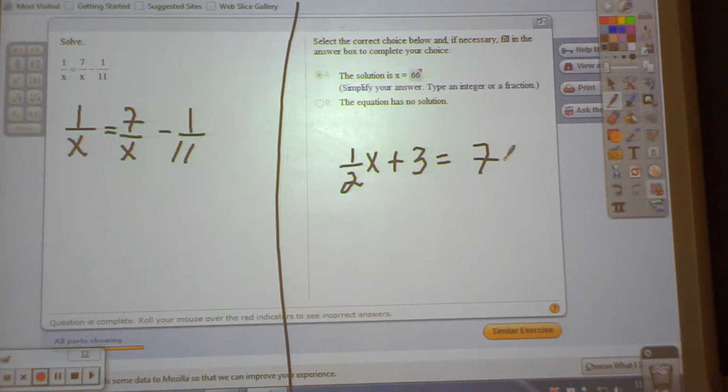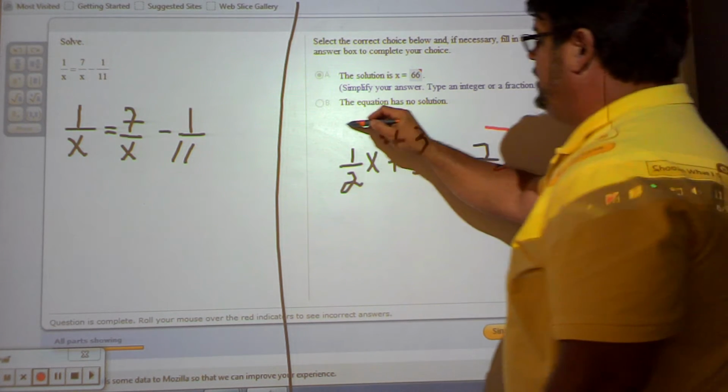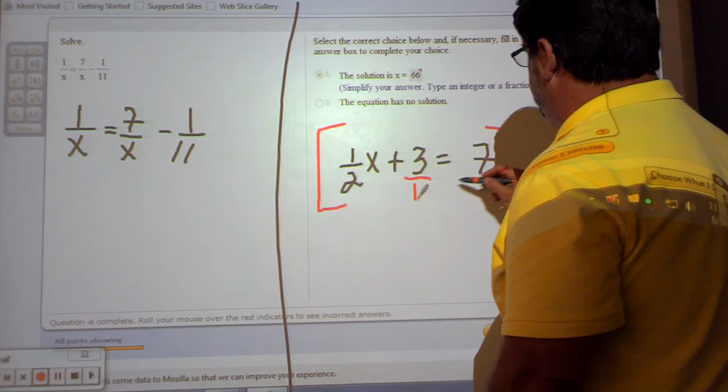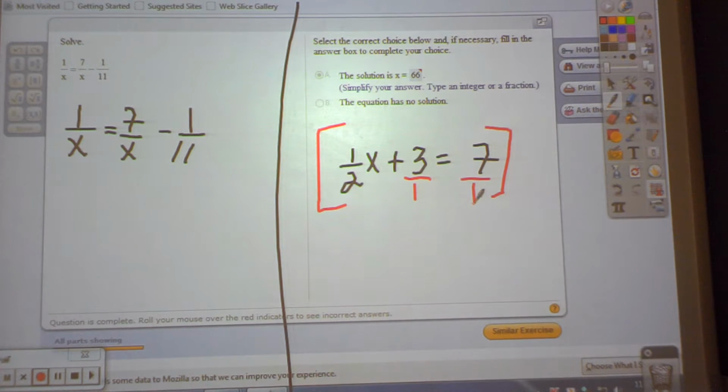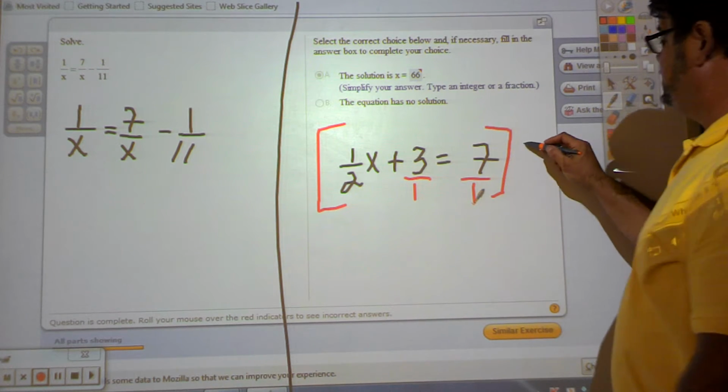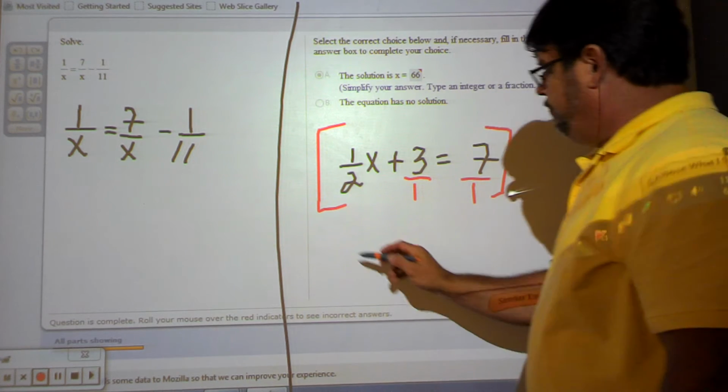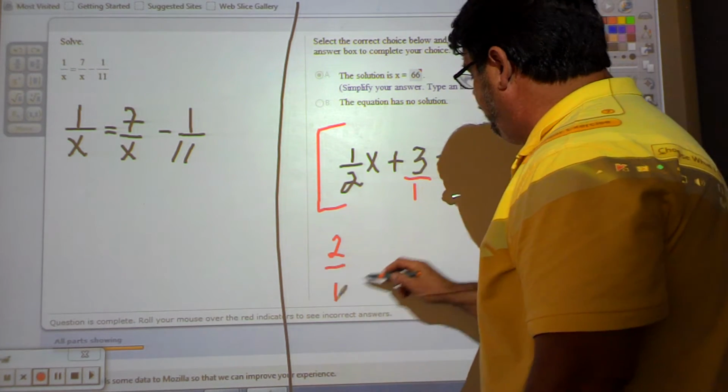And if you were taught Algebra 1 the way I teach it, you don't ever have to worry about fractions, because when you come up to a fraction, the first thing you do is get rid of it. So, take my red marker. What is the common denominator of 2, 1, and 1? 2. So I'm going to multiply through by 2 over 1. Put a baby step in there.